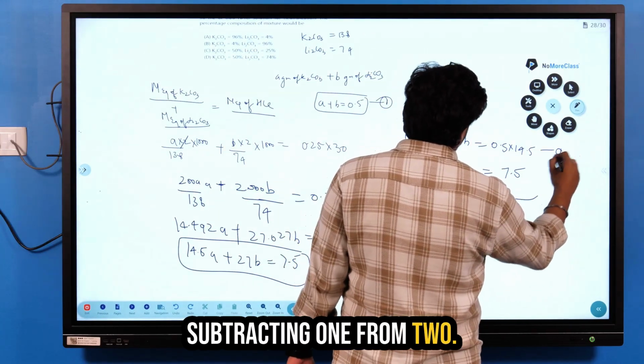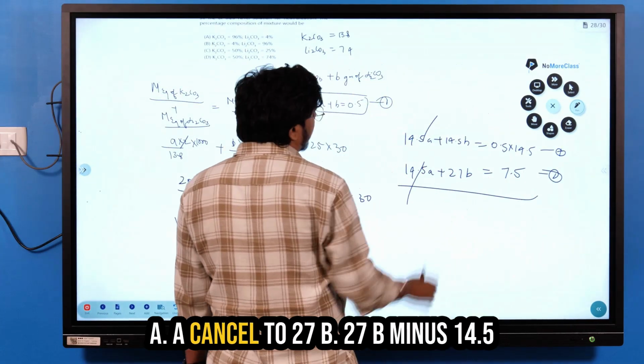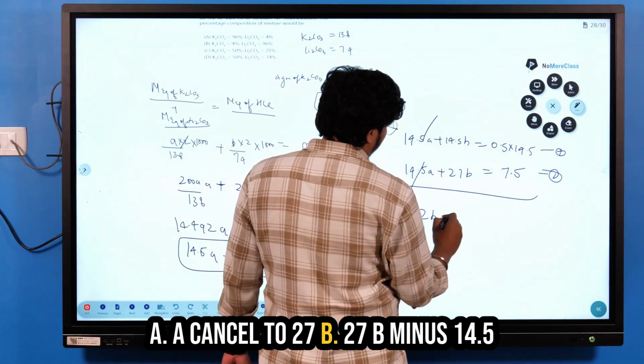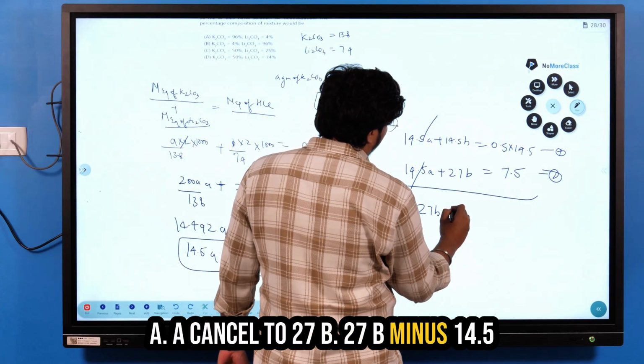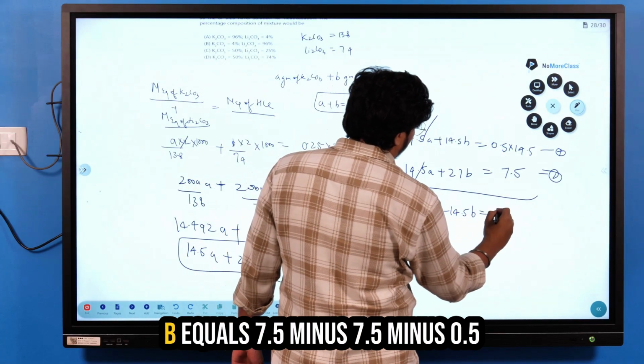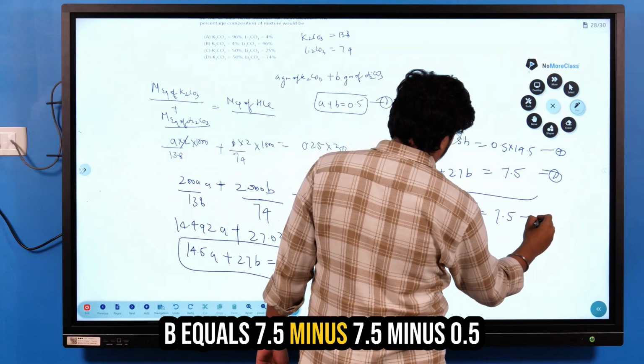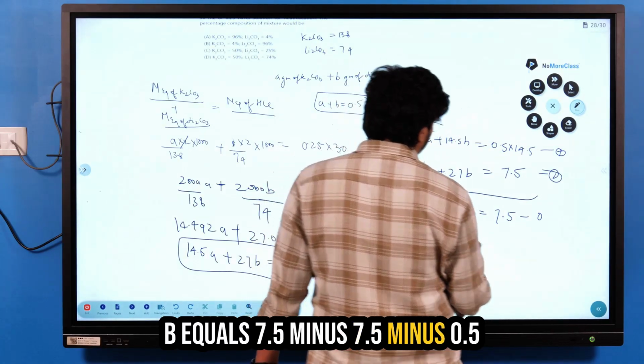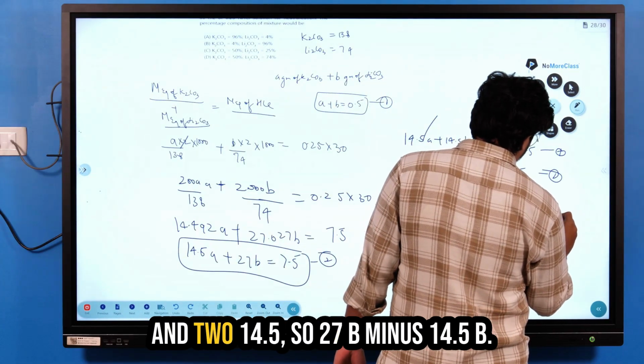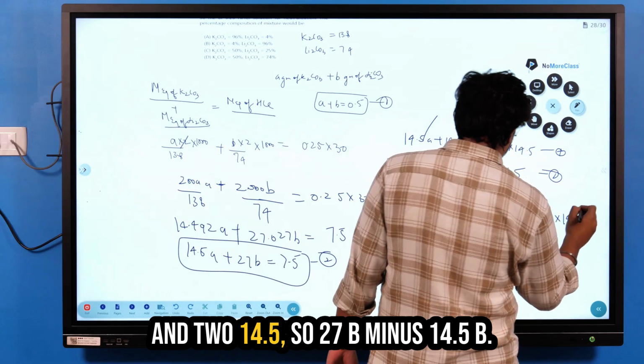Subtracting 1 from 2, A cancels, so 27 B minus 14.5 B equals 7.5 minus 0.5 into 14.5.